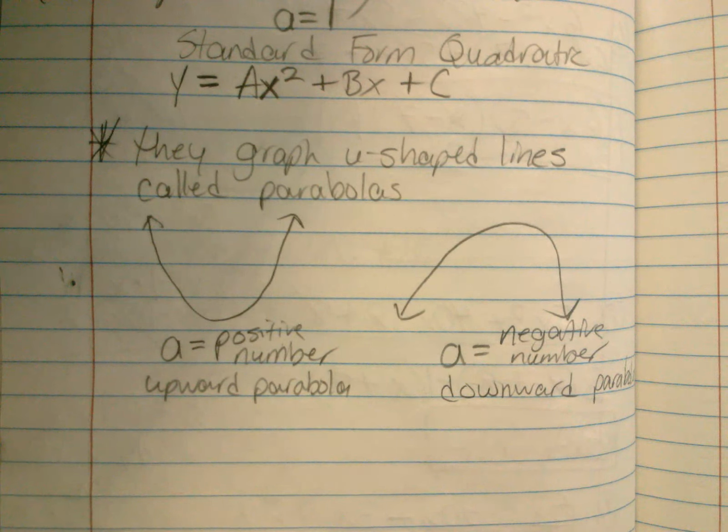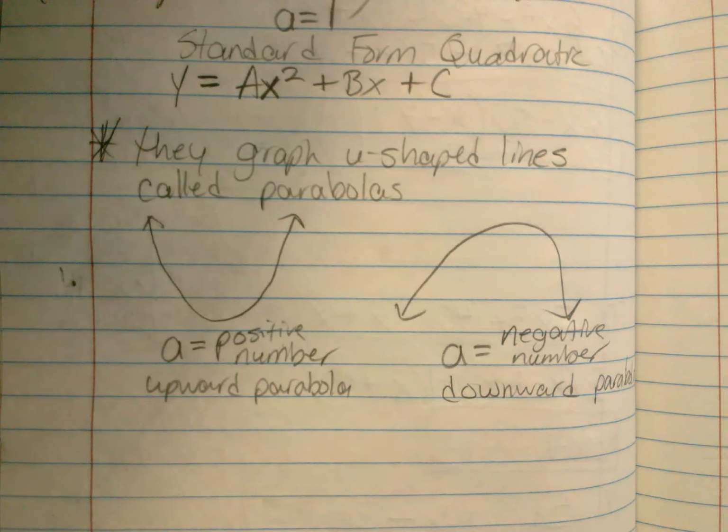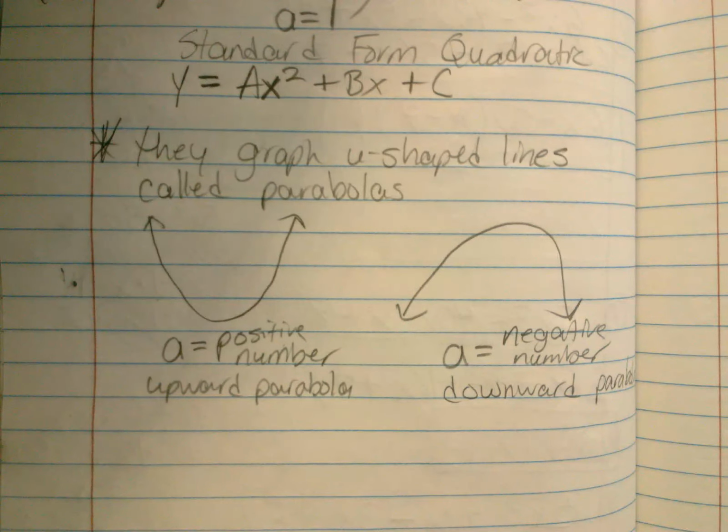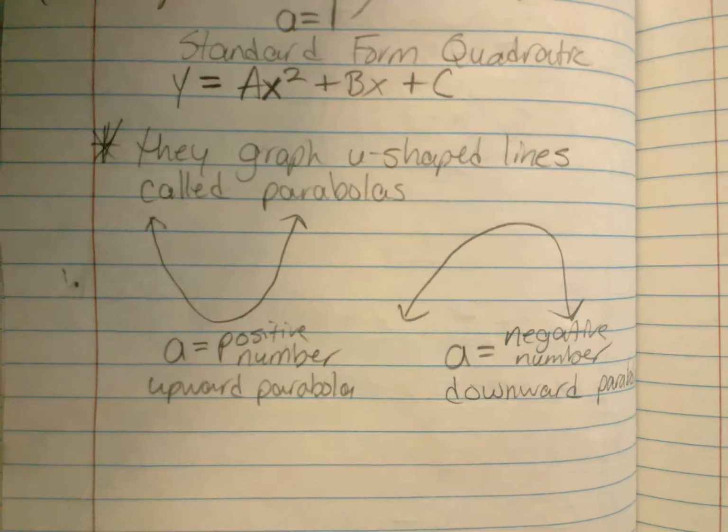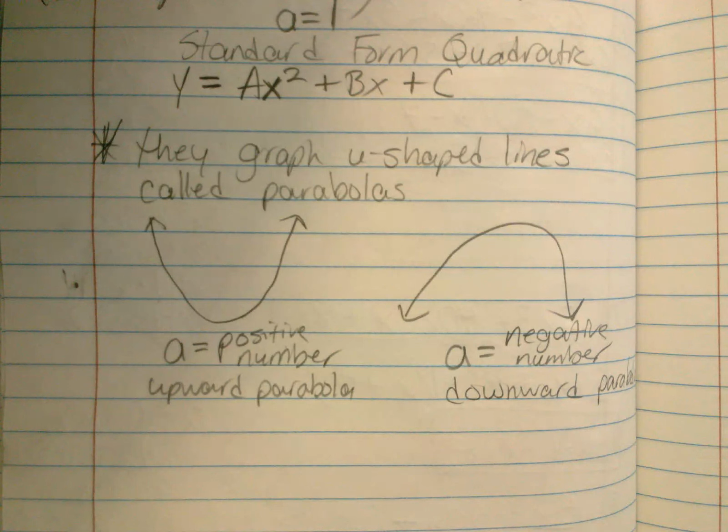So there's only 2 types of parabolas. You got an upward parabola and you got a downward parabola. If your A, the x squared term, is a positive number, then the quadratic function is going to graph an upward parabola. If your A, the x squared term, is a negative number, then your parabola is going to graph a downward.